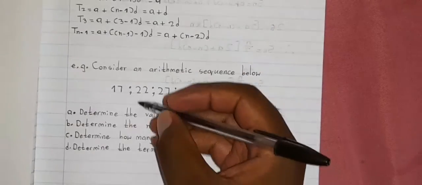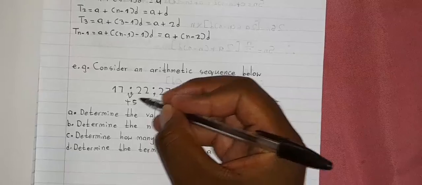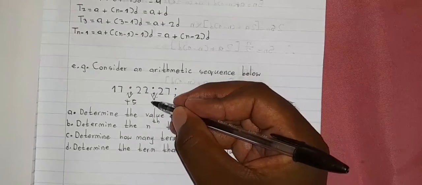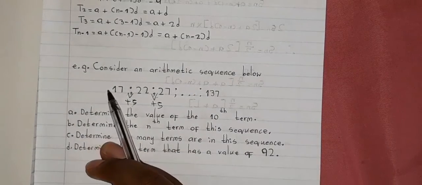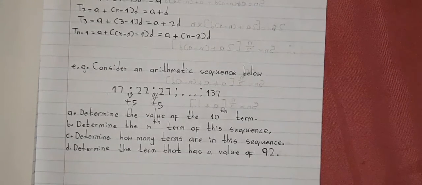From 17 to 22 is plus 5, and from 22 to 27 is plus 5. So our D here is 5, our A is 17, and the first question says determine the value of the 10th term. Here we're looking for Tn, not n.